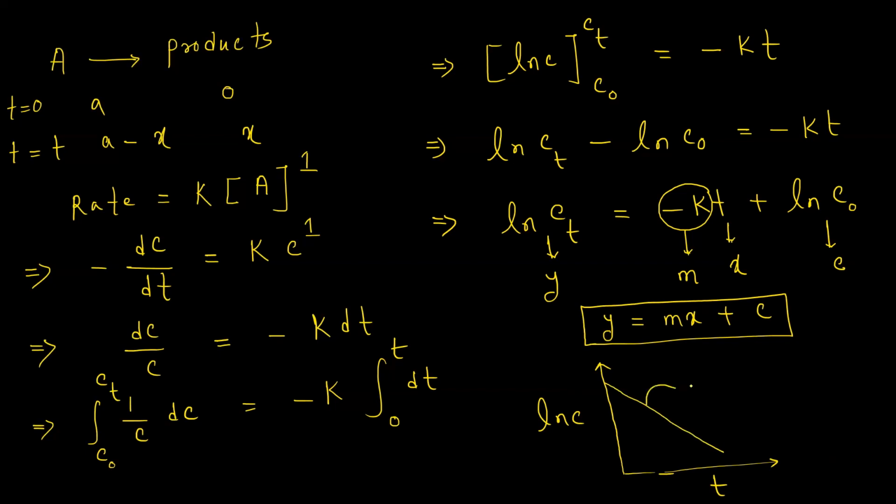And the slope of this straight line will be minus k. And the y-intercept will be ln c naught.